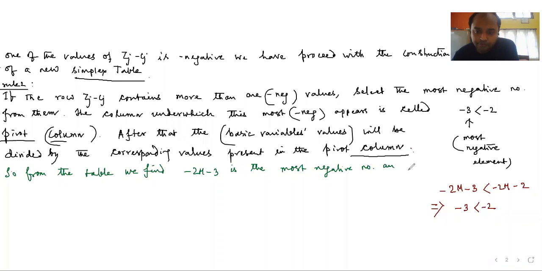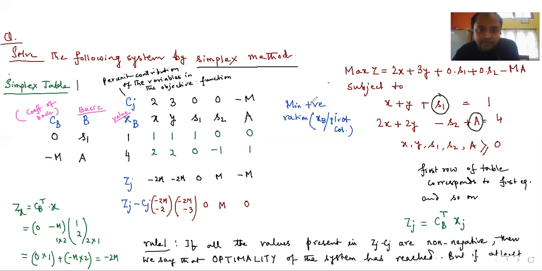And so column Y is the pivot column. Column Y is the pivot column. So what is written over here? Minimum positive ratio, XB will be divided by the pivot column. So this becomes my pivot column. Let us mark it. This becomes my pivot column.